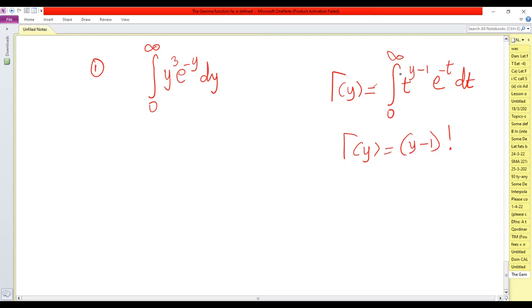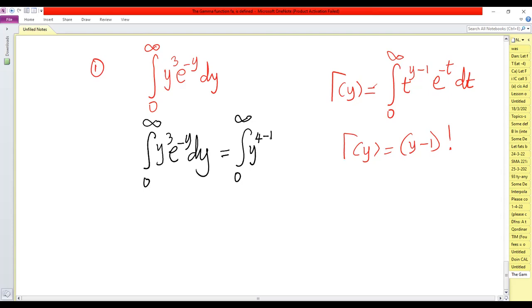Also, what we have here, we can write this as integral 0 to infinity of y power 3 e raised power minus y dy is the same as integral 0 to infinity. I can write this one as y, 3 can be written as 4 minus 1, e raised power minus y dy.